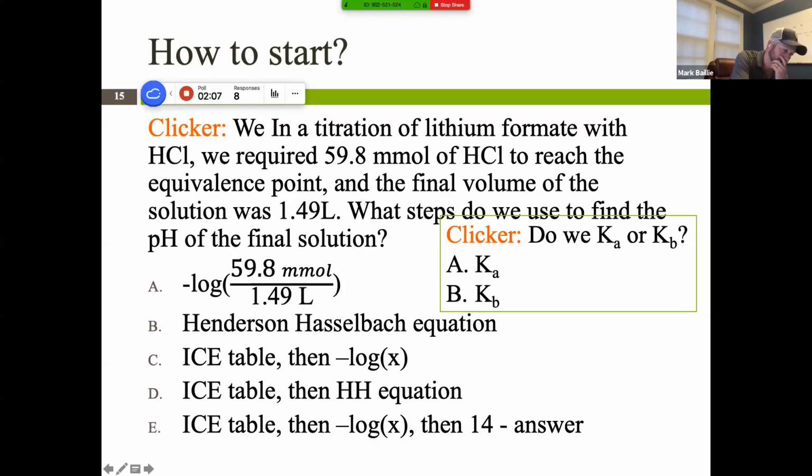Let me write it at the top here. So formic acid is HCOOH. So when we started this reaction, before the neutralization happened, what we had in water was HCOO minus.